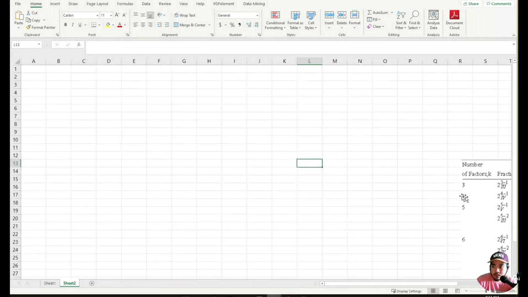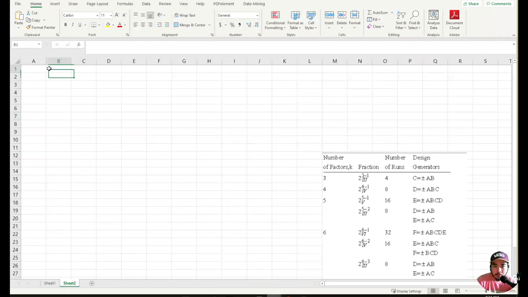So let's start with, copy natin to. So meron tayong 5 factors. So that's A, B, C, D, E, and sorry, 6 na pala to. C. And D is equal to, so ito yung first block natin, D is equal to plus AB. And E is equal to plus AC muna. So this is our first block natin.